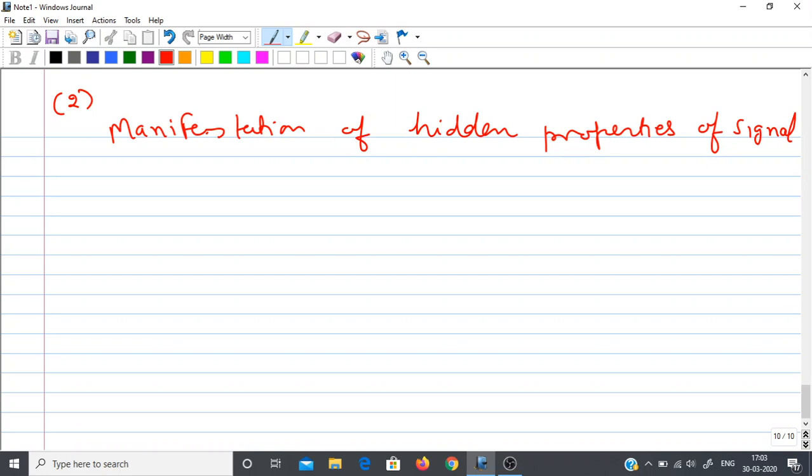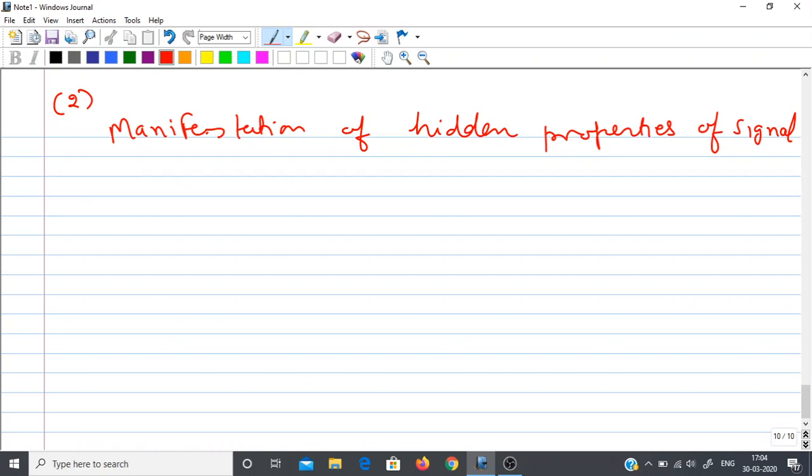Now some properties or some characteristics of signals may not be obvious or may not be clear in the original domain. Let's say the original domain is time domain. So some property may not be obvious or they may be hidden in its original domain. But these properties may manifest well when the signal is transformed into the other domain. This is very much possible.